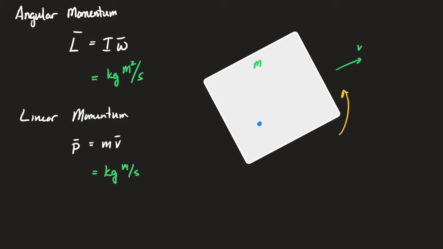So we're talking about something that doesn't even have the same units. So there's no way to say what is the total momentum of the system. We don't do that. We can talk about the total angular momentum of a system as distinct from the total linear momentum of the system. And like I said, they can be related.